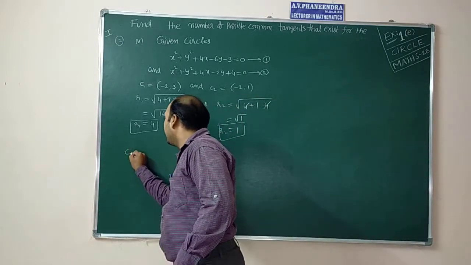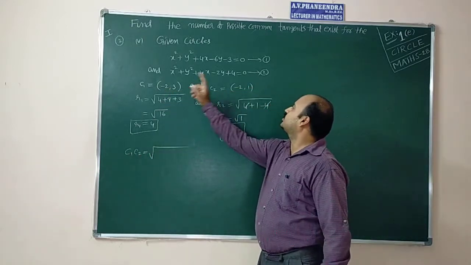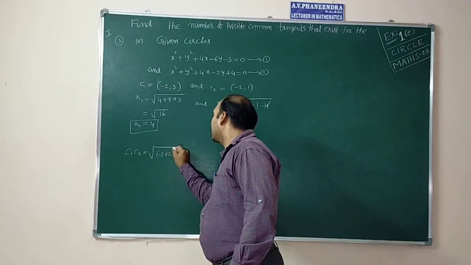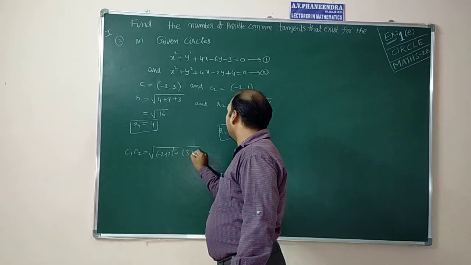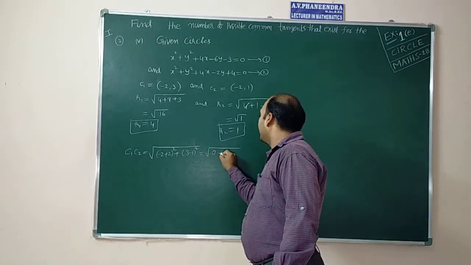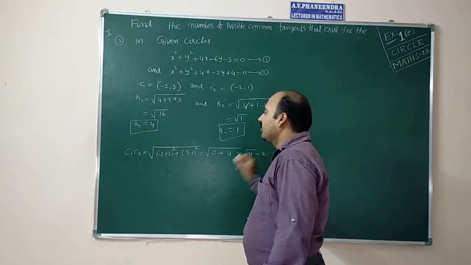After that, calculate the distance between the centers. C1C2 equals square root of minus 2 minus of minus 2 whole square, so minus 2 plus 2 whole square plus 3 minus 1 whole square, which is equal to square root of 0 plus 2 square, which is root 4, equal to 2.